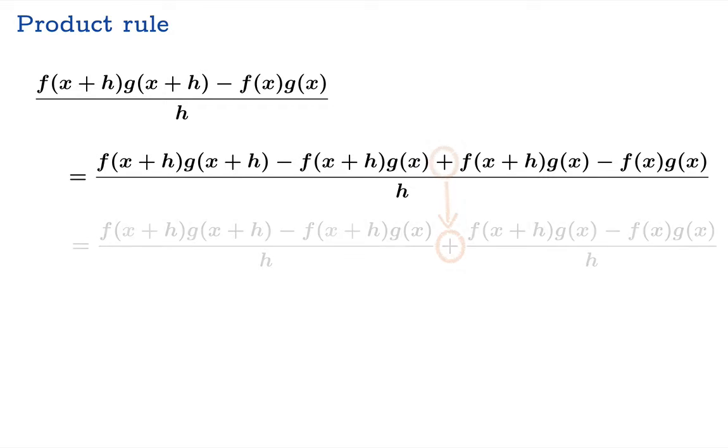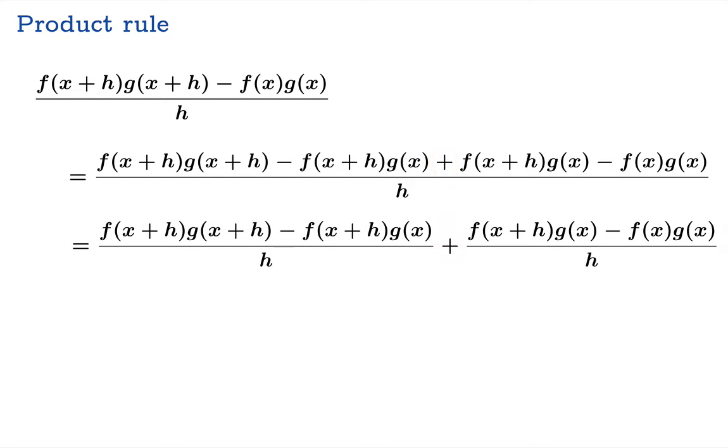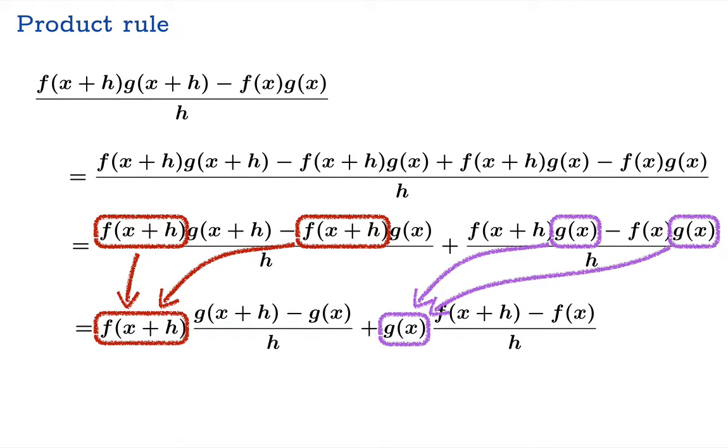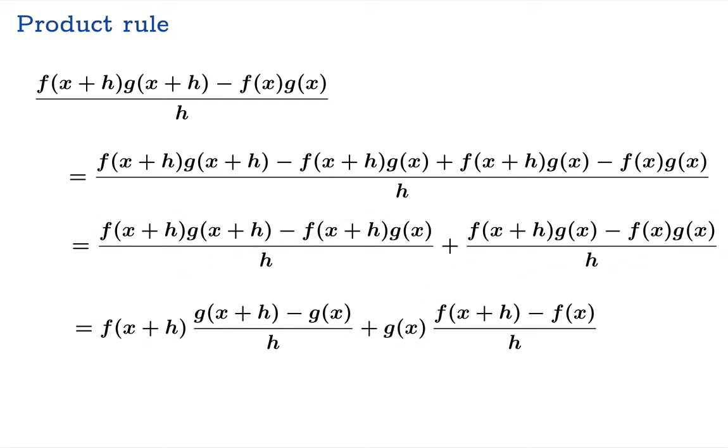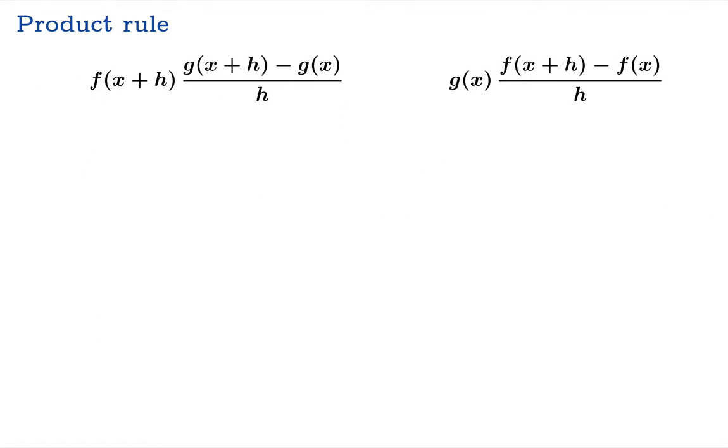Now, let's break apart this fraction across that sum. So we're going to have the sum of these two fractions. Now, we'll notice that we have like terms here and like terms here. So we could factor both of those out, and we'll get this expression. Now what we're going to do is set these two expressions off to the side and concentrate on each individually.